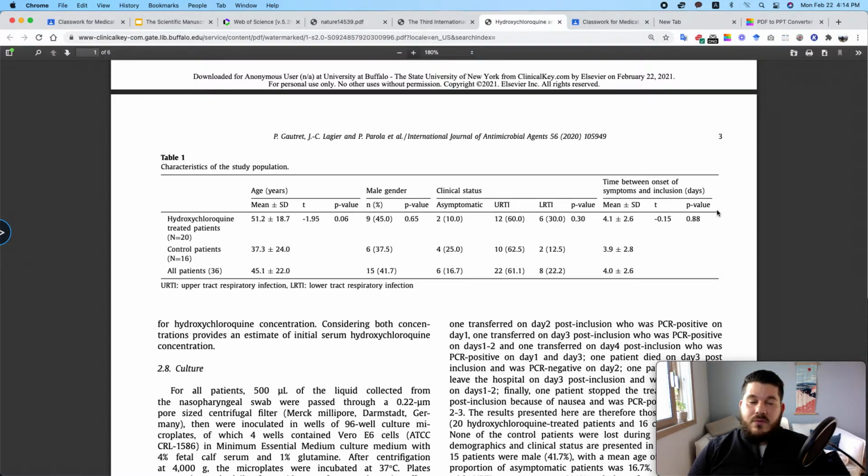So you can say with a strong amount of certainty that those two groups are different. And that's important to know. If the p-value is higher than 0.05, that would mean it's less than 95% different, which means they're more similar.